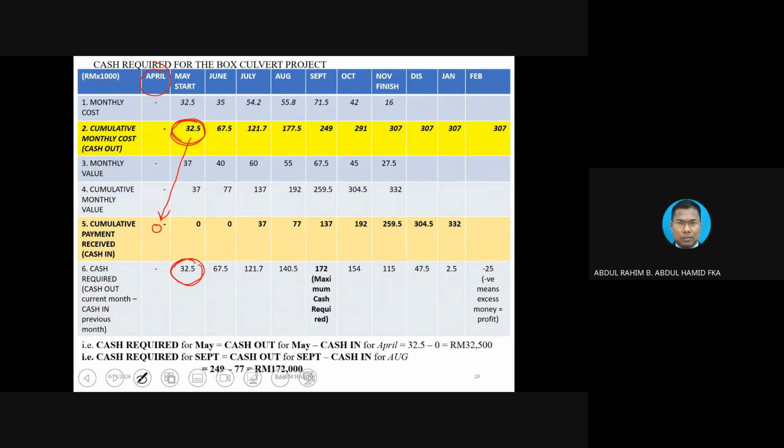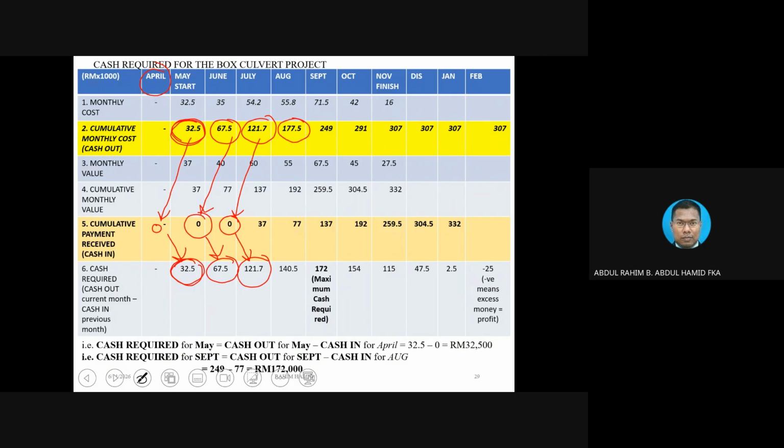So remember, to get the answer, first thing first, take cash out June and deduct the previous month, like this. Then you get the answer. This is the way you do it. July 121.7, you deduct with 0 again. That's why you get this one.